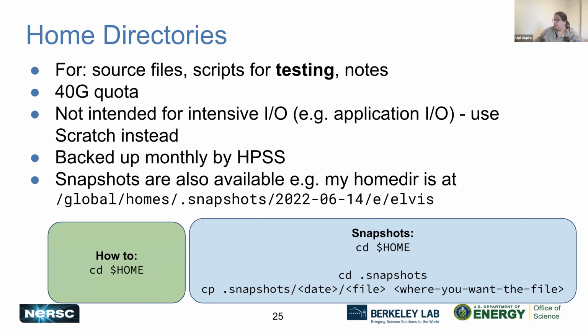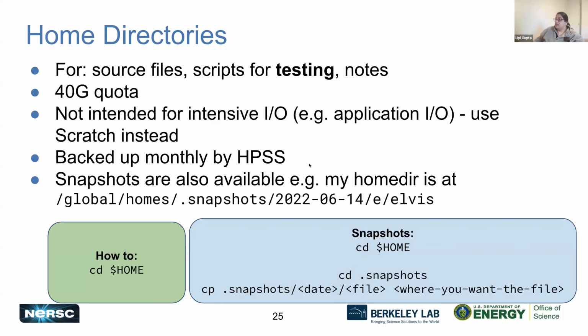The home directory is where you land when you first arrive on Perlmutter. It's a really tiny space. It's 40 gigabytes. That's your quota, and you can't get more. So it's really meant for teeny tiny things, little scripts, little notes, maybe some Slurm out files. Those are just text files. It is not intended for intense I/O. And interestingly, it is backed up monthly by HPSS.